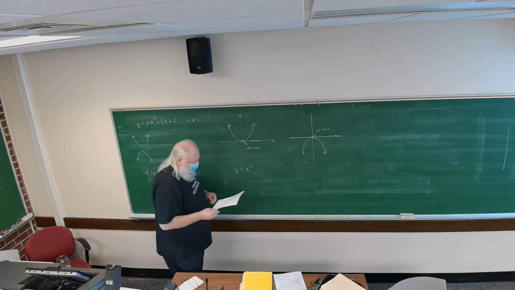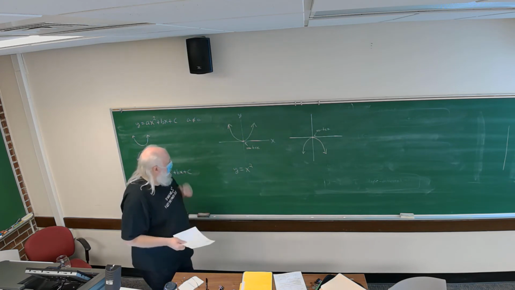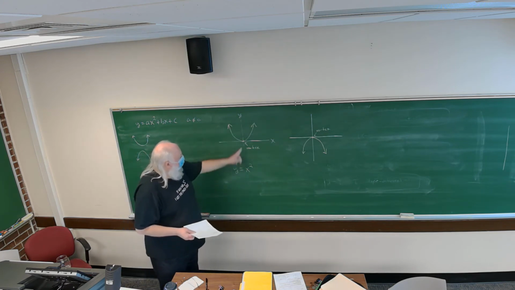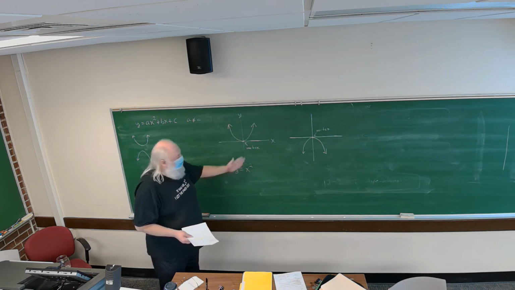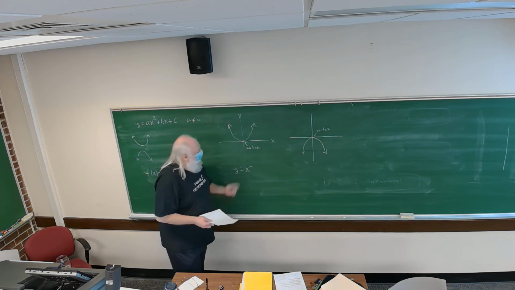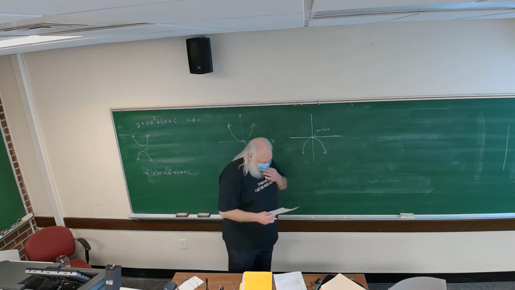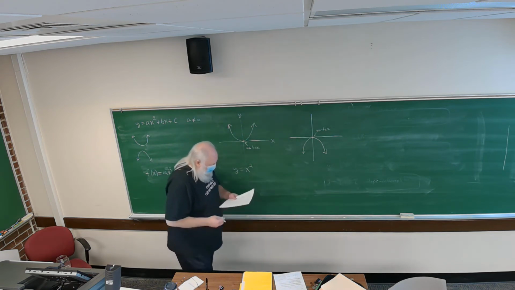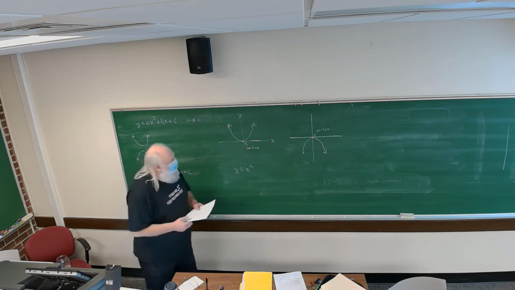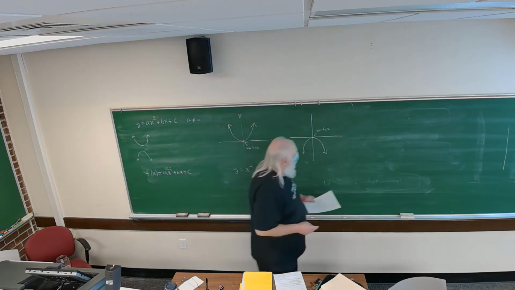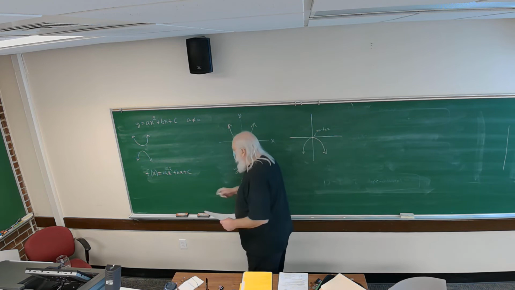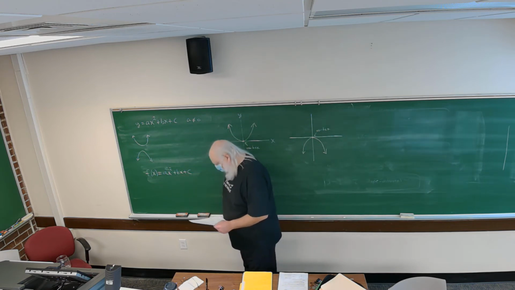The vertical line through the vertex is called the axis of symmetry. So in this case, the vertical line through the vertex is the y-axis. So the y-axis is the axis of symmetry in these two examples. The coordinates of the vertex are easy to calculate, from ax squared plus bx plus c.